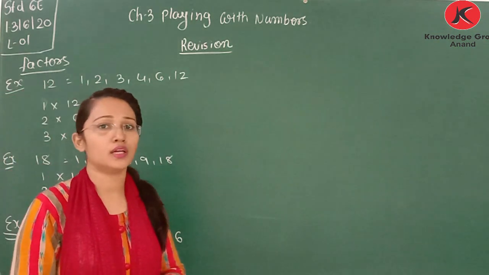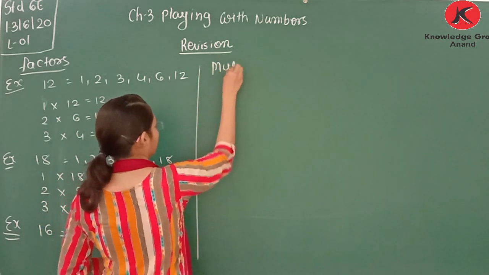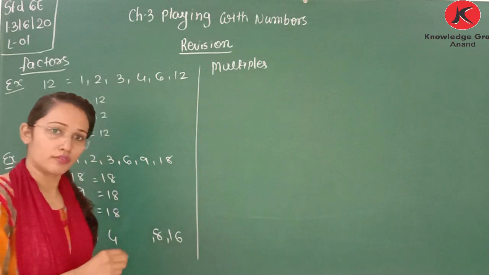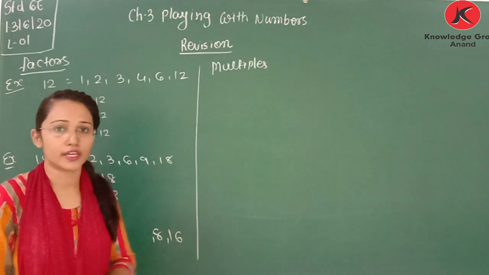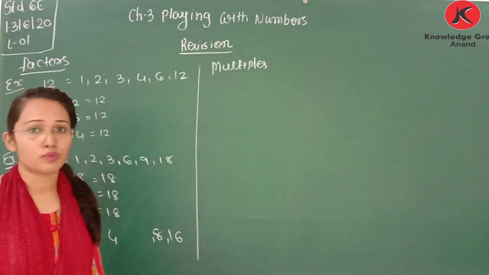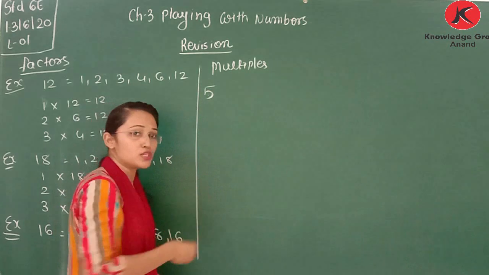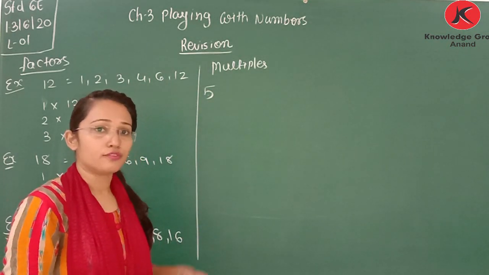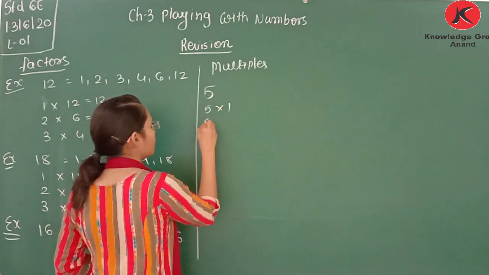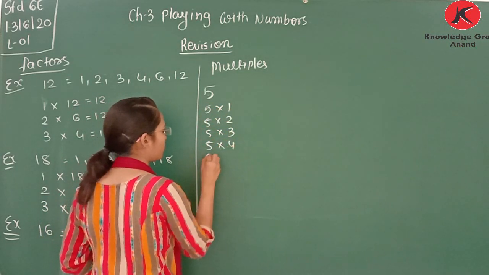After factors we learned multiples. You need to write notes for revision. Write the revision in your notes, continue in your notes. Okay, now multiples. Multiples means if we want to write the multiples of 5, then you need to write the numbers that we get in the table of 5. 5 1s are 5, 5 2s are 10, 5 3s are 15, 5 4s are 20, 5 5s are 25.